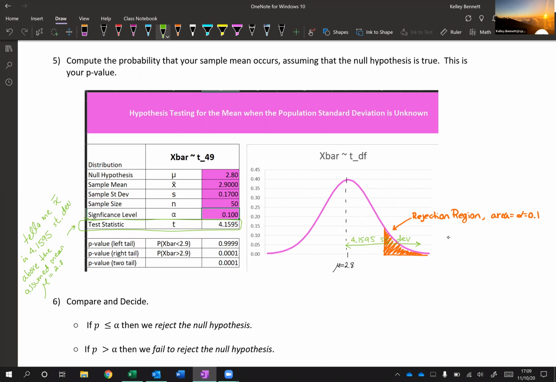And again, that's not the standard deviation 0.17. That's the standard deviation 0.17 divided by the square root of 50, the standard deviation of this sampling distribution that we're using. Basically, that tells me that X bar is here. So we can see that X bar falls into this rejection region.